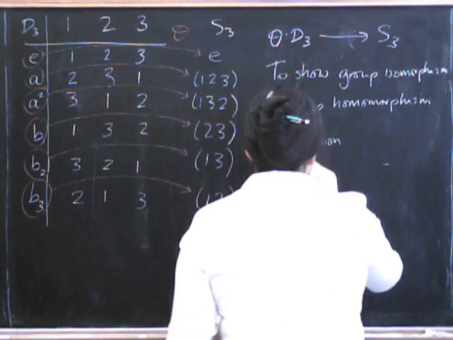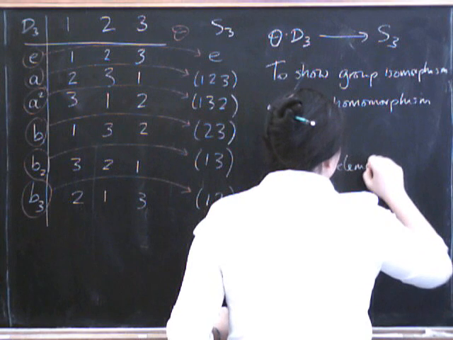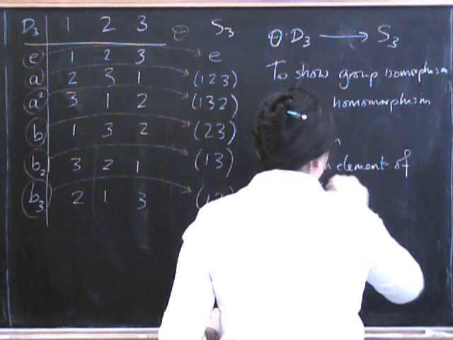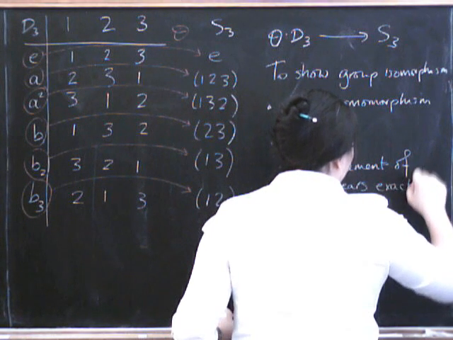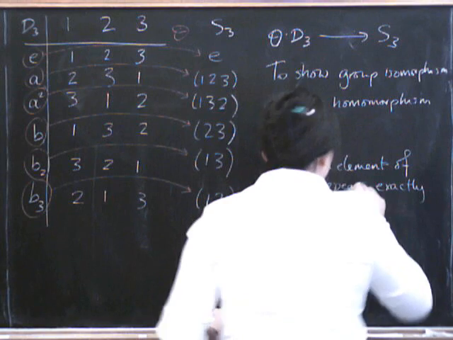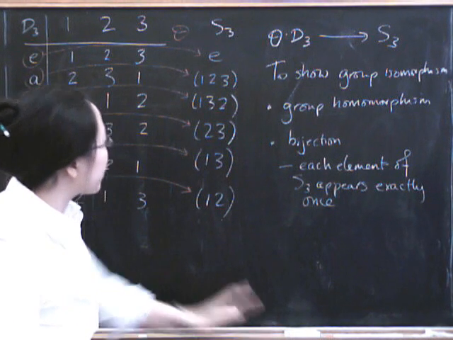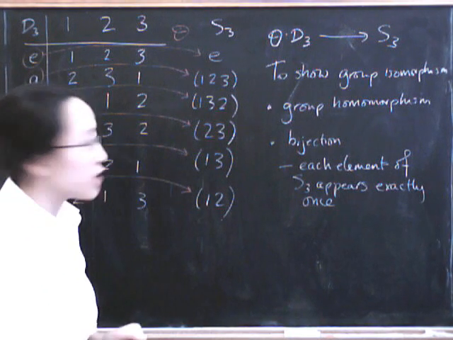This is clear because each element of S3 appears exactly once. Now, technically what we have to do is show that it's injective and surjective, but because this is a very small list of things, we can just have a look and see that everything appears once.